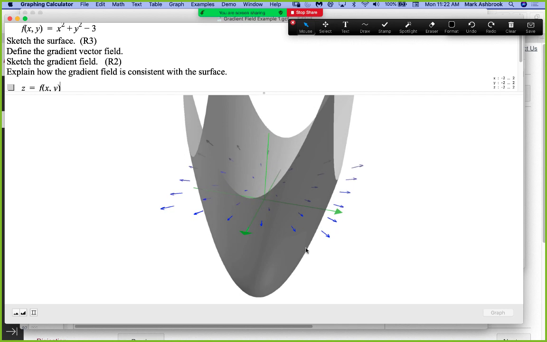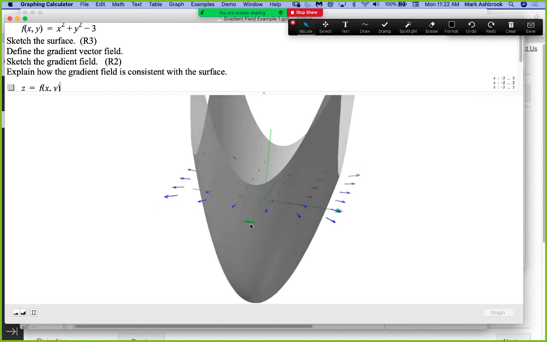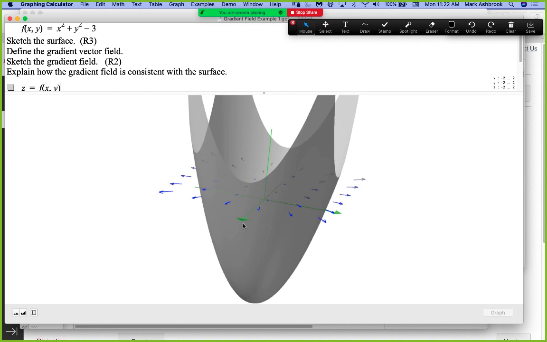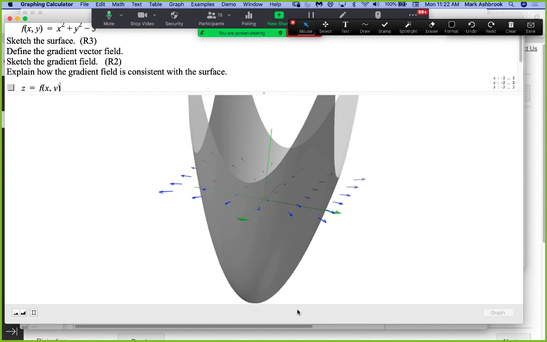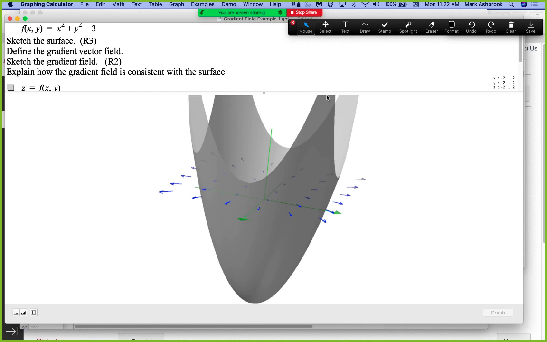Right, so the further you are from the origin, the steeper the surface is. The closer you are to the origin, closer to the z-axis, what's the rate of change, high or low? Low. But the further you get away from the z-axis, the rate of change keeps increasing and increasing.